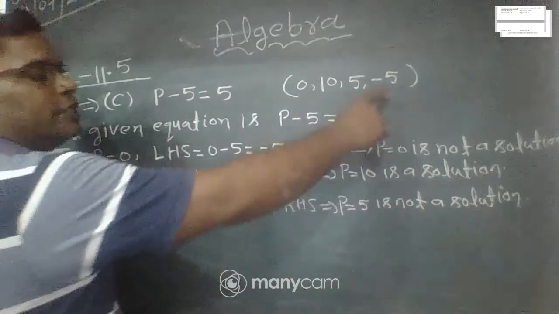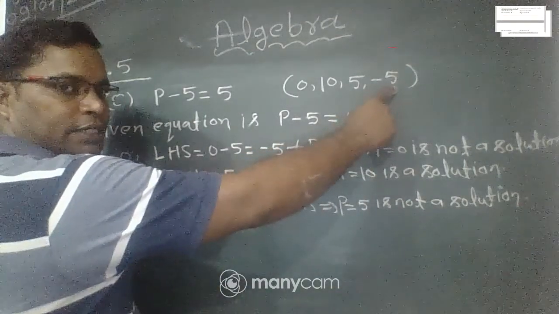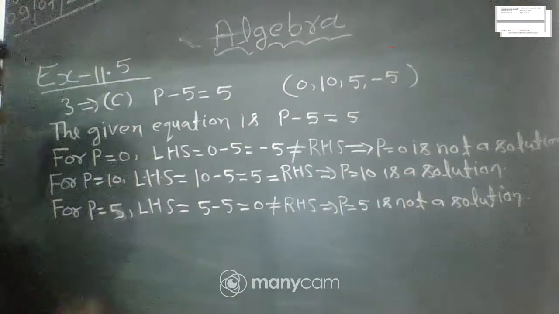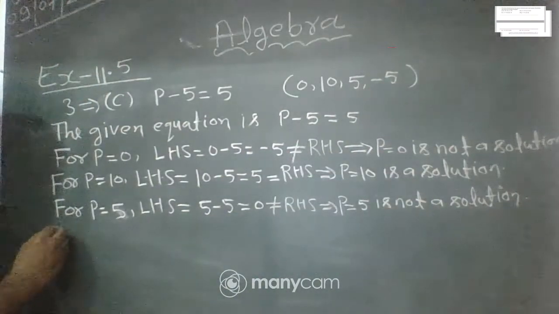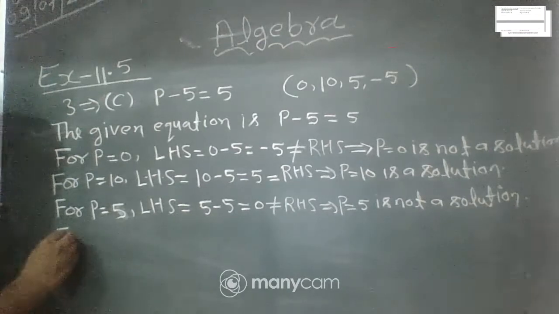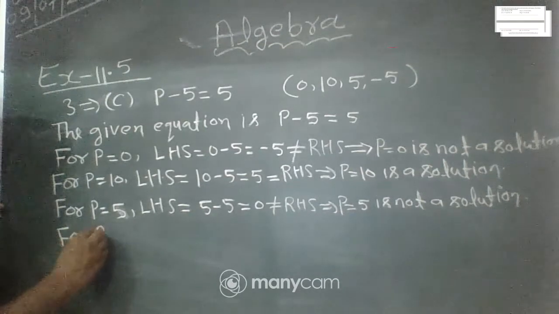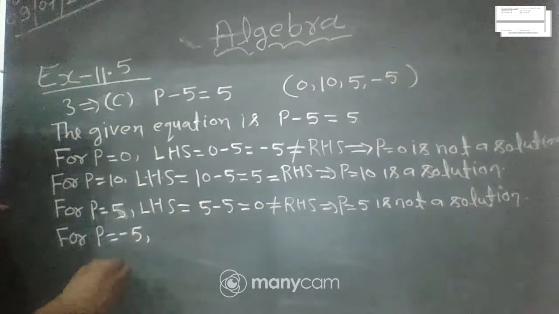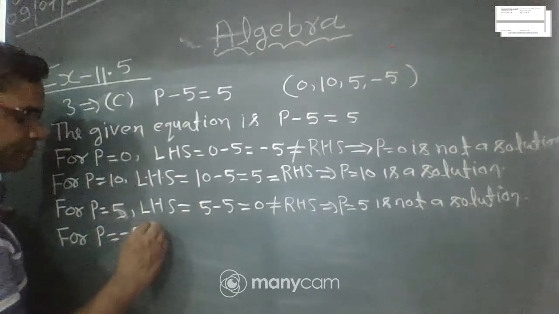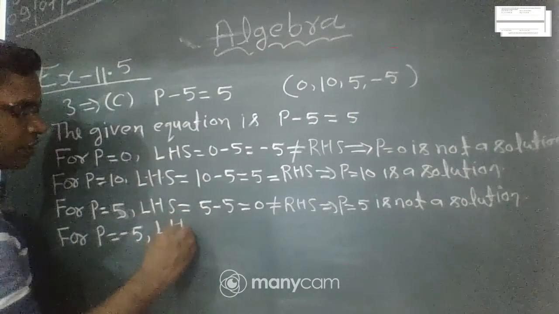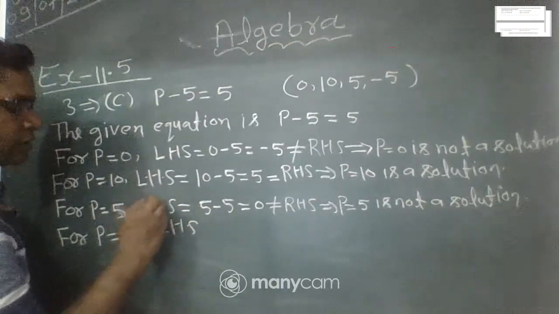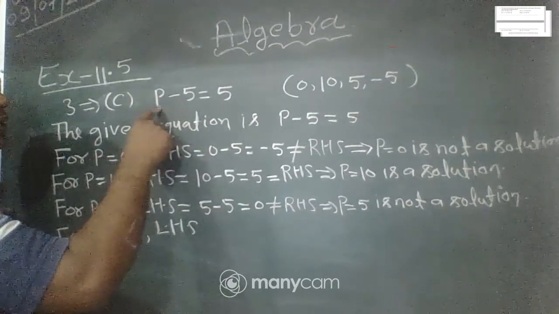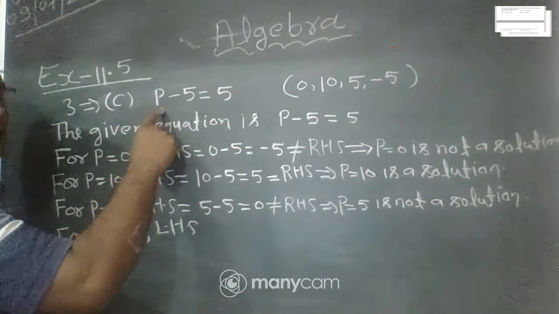Now we take the last number. So p is equal to minus 5. Okay, the left hand side, and here we take the value of p as minus 5.